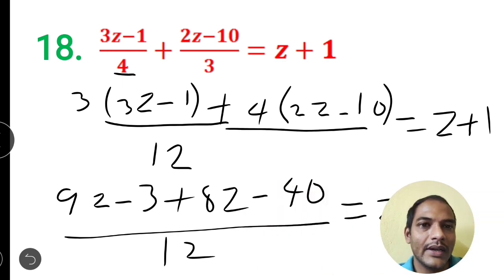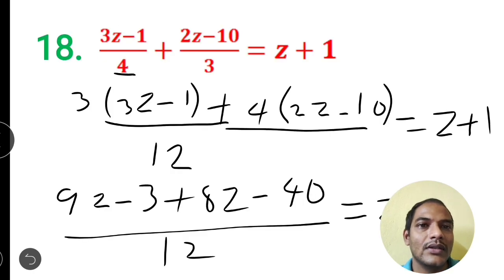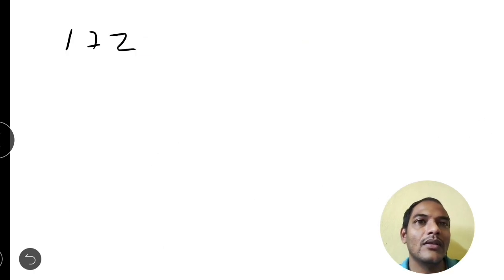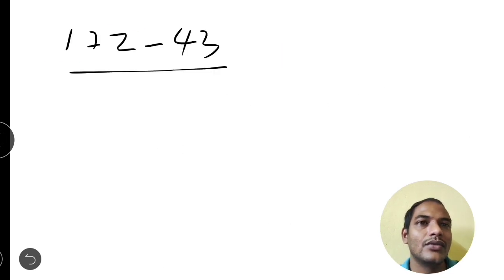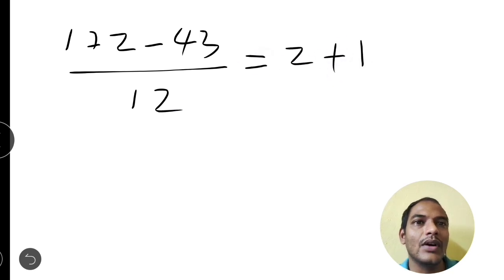So in the numerator, 9z and 8z we can add, 9z plus 8z is 17z. Next, minus 3 minus 40 is minus 43, divided by 12. It equals z plus 1.